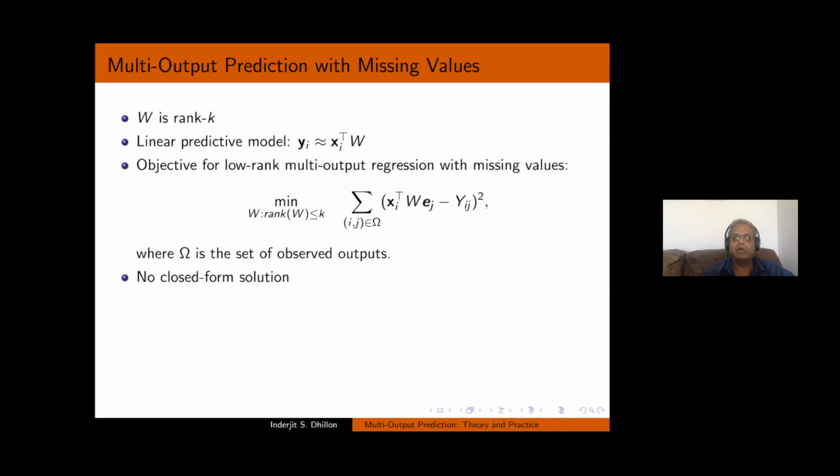Whereas over here, now I have only the known values. So if I denote the set of observed outputs by omega, then this optimization problem is only over omega. And now we actually don't have any closed form solution for this problem.